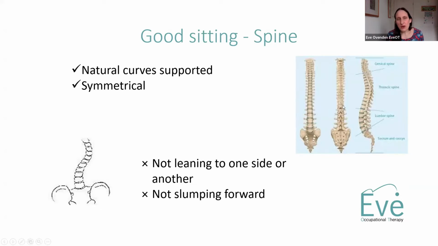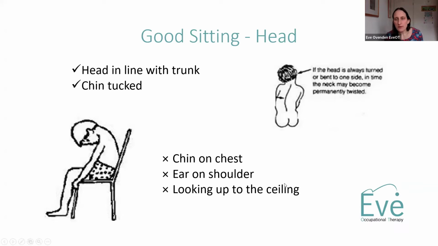And from a spinal point of view, we want to make sure that the natural curves of the spine are supported and they're symmetrical. Then they're not leaning from one side to another, or forwards or backwards. And from the head point of view, we're looking for a head in line with the trunk and their chin tucked. And that's really important when we're looking at feeding and breathing.